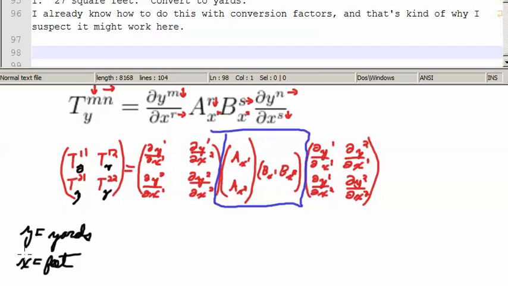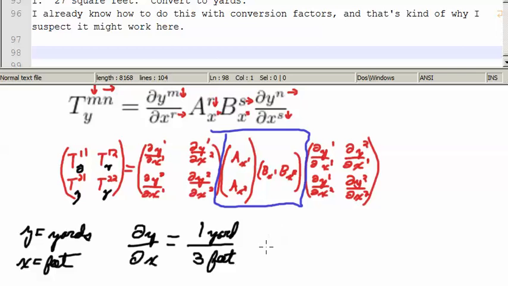If y equals yards and x equals feet, then del y del x would be 1 yard per 3 feet.